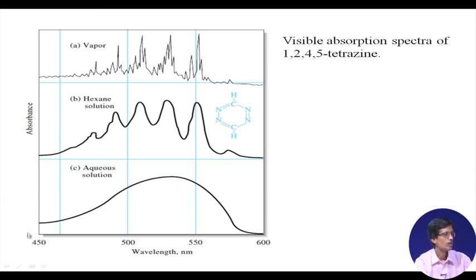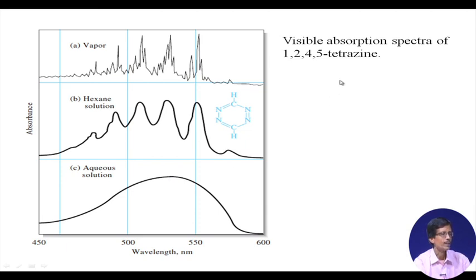When we plot this, this is the absorption spectrum of the tetrazine, and we get a corresponding broad lambda max. The maximum is in the range of 525, midway between 525 and 530 nanometer.